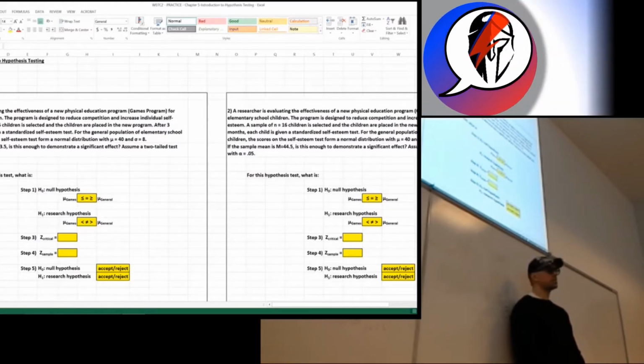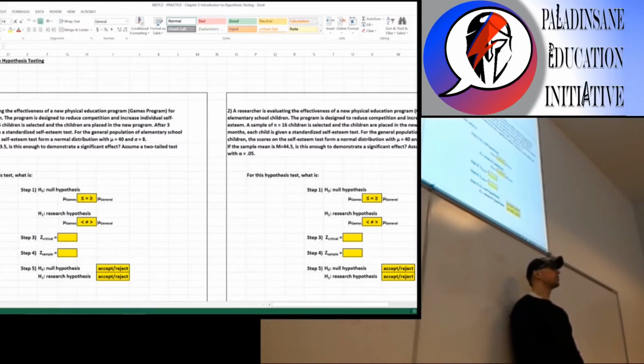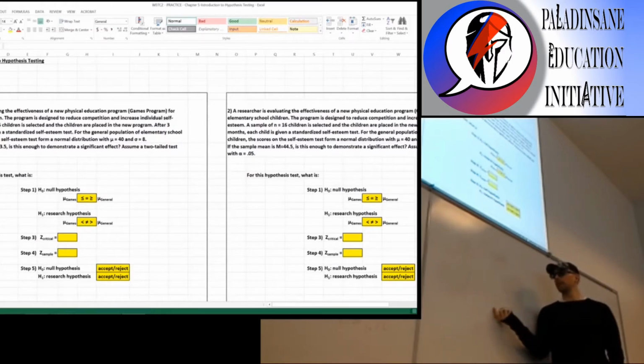So pay attention to the language. Did scores go up? Was there improvement? Did scores increase? Did subjects get better? Those are all indicators of looking for an increase. So that would mean a cutoff score with a positive value. You don't have to put plus, just put in the actual value.